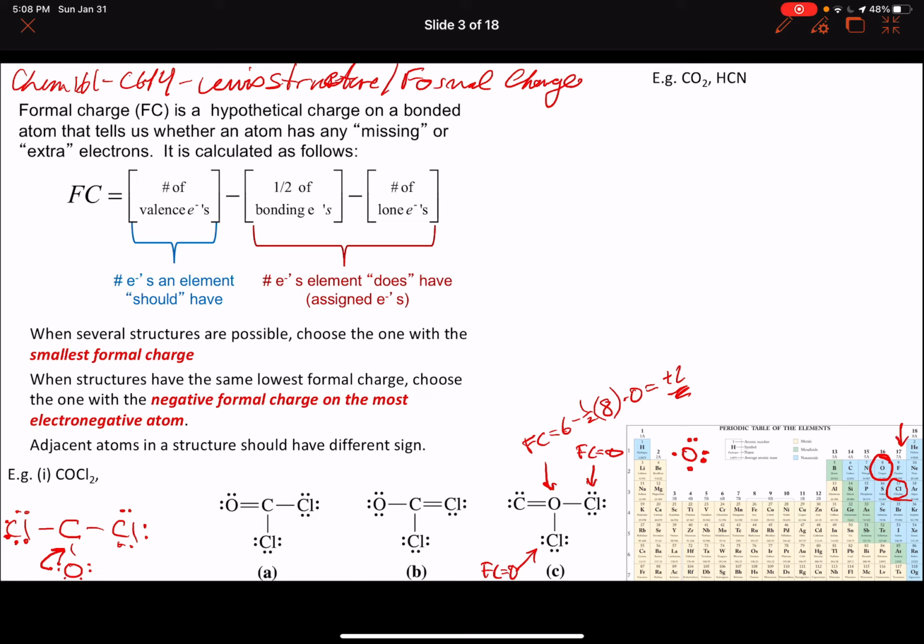That's not good. You can do the formal charge on this carbon. That carbon is formal charge 4 minus half of the electrons in bonds, so minus a half of the 4, and then minus the 4 that reside in lone pairs. 4 minus 2 minus 4, that's going to be a formal charge of minus 2. Very high value.